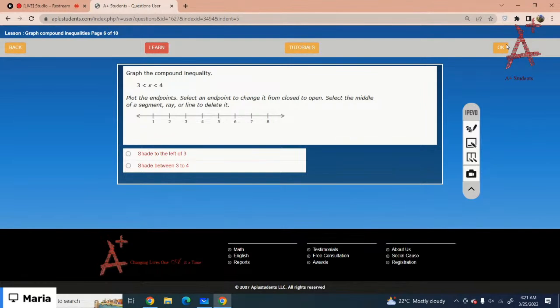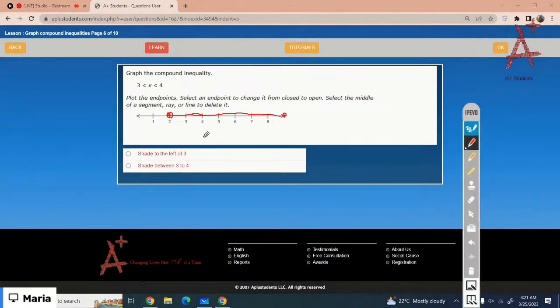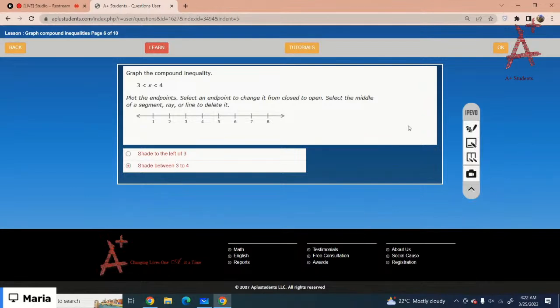If you graph the inequality, it looks like this. The second option is the correct option, shade between 3 to 4.